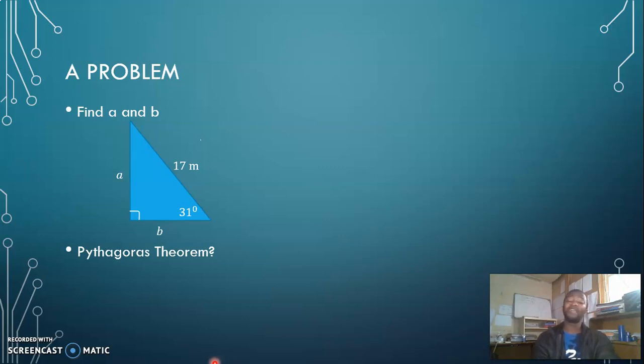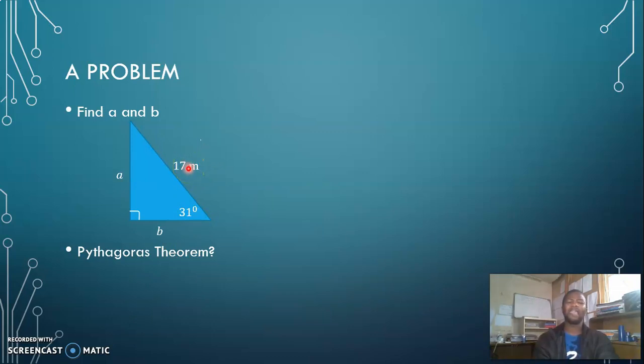Pythagoras theorem has 2 conditions upon which it can be used. It can only be used if these 2 conditions are satisfied. The first condition is that it must be a right angle triangle that we are dealing with. In this particular case, you can see this is a right angle triangle. So yay, maybe we can use it, but hey, we are only given this side.